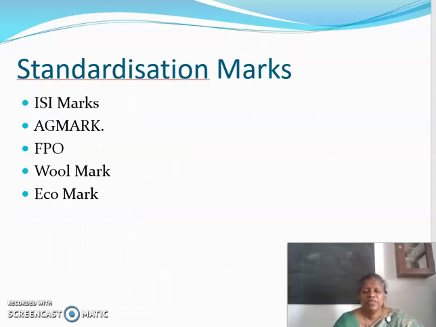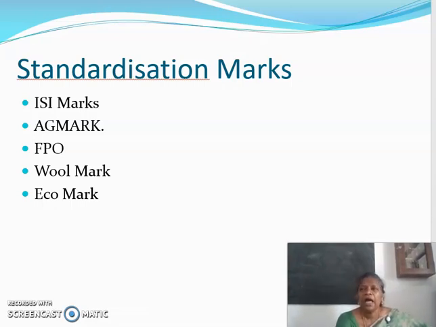Okay, what are the various standardization marks? Already told you: the ISI mark, AG mark, food product order, wool mark and eco mark. ISI is for food products, nearly 450 varieties of food products. AG mark is for agricultural marketing products.